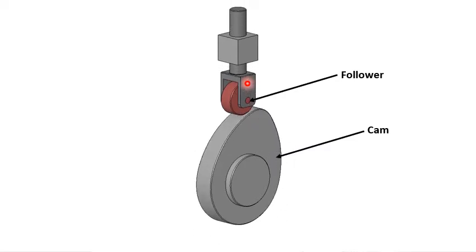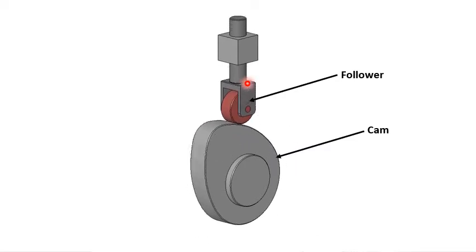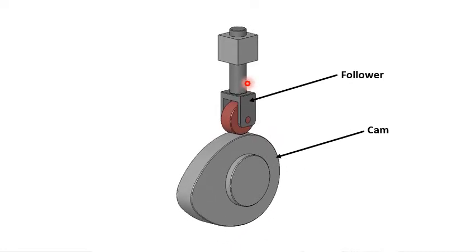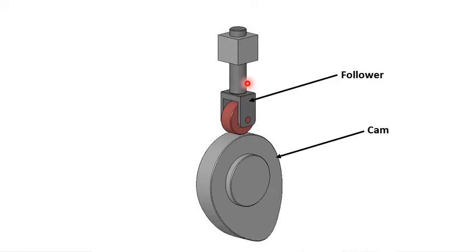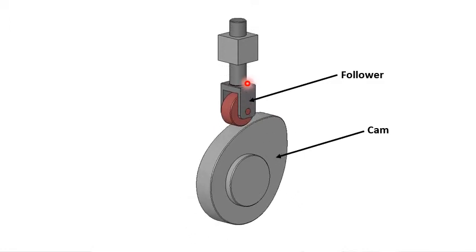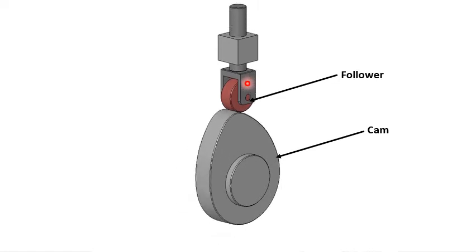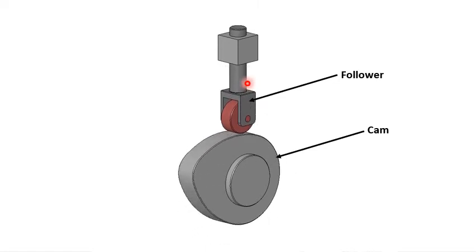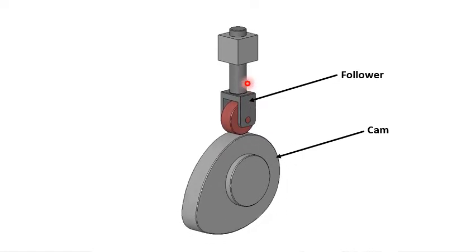The major components or elements of this cam mechanism are: one is a cam, another one is a follower, and the third one is a frame. These are the three important elements of cam mechanism. The cam is a driving link which has a straight or curved surface.